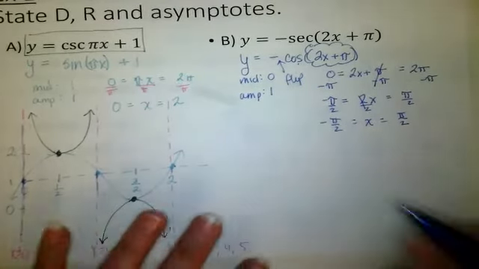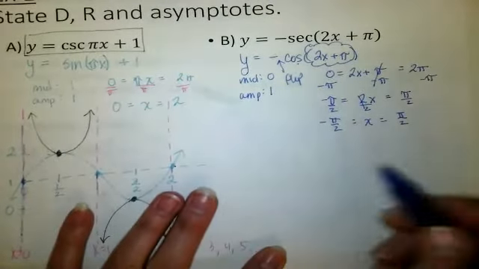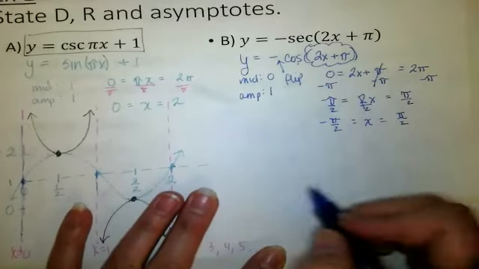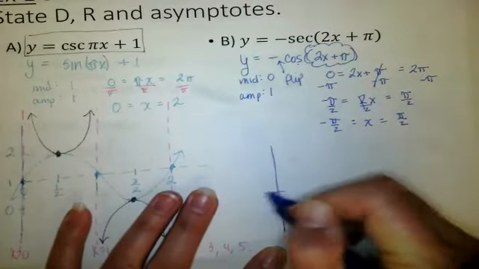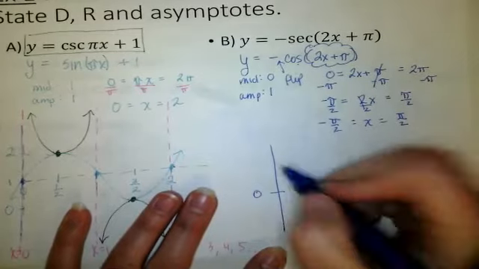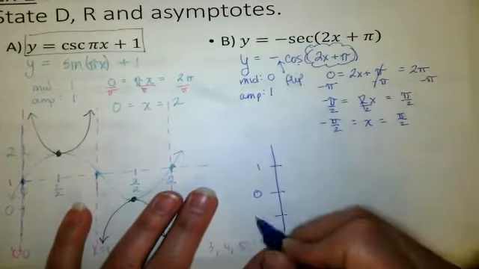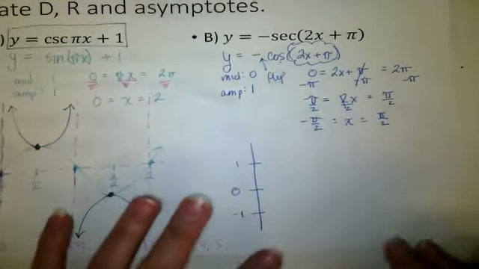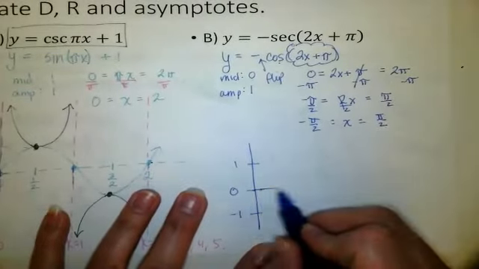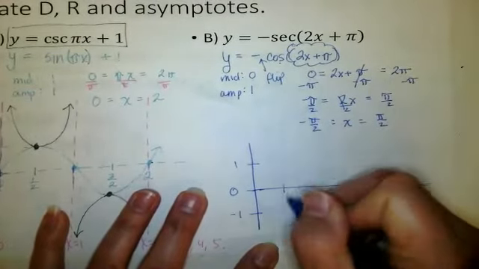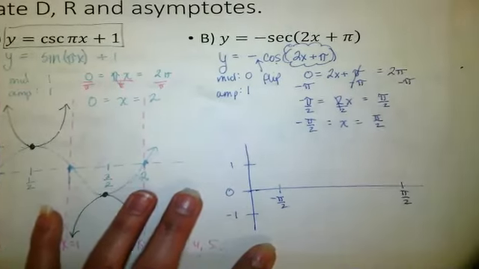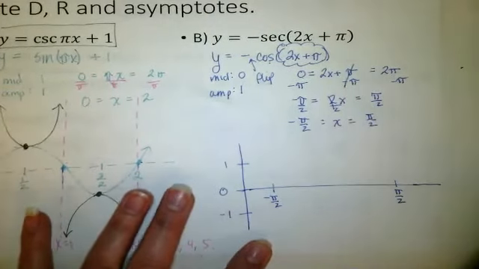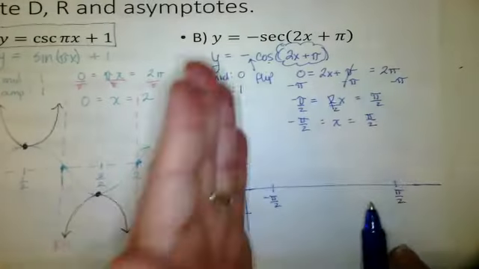Just like tangent, kind of. All right, so we had a midline at 0, an amplitude of 1, and my x-axis is going from negative pi over 2 to pi over 2. I don't care where your y-axis is.